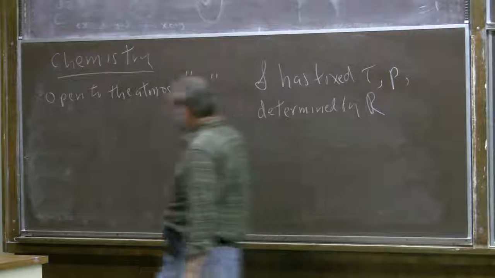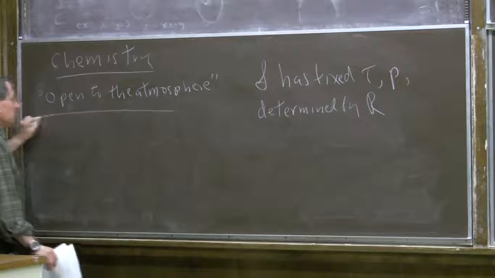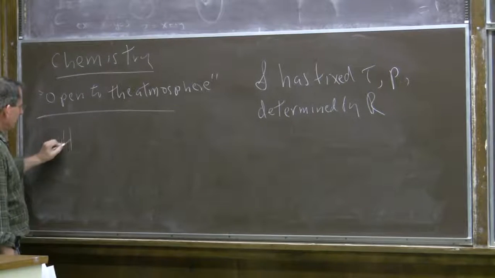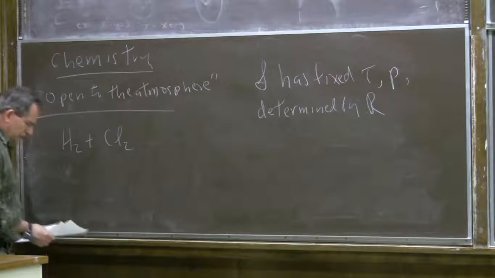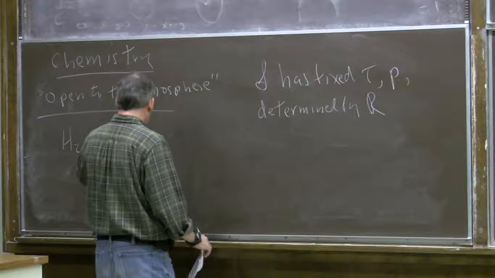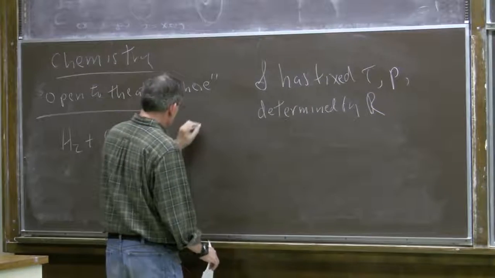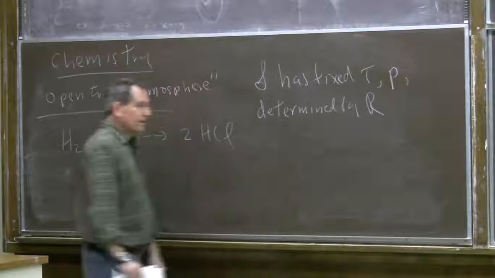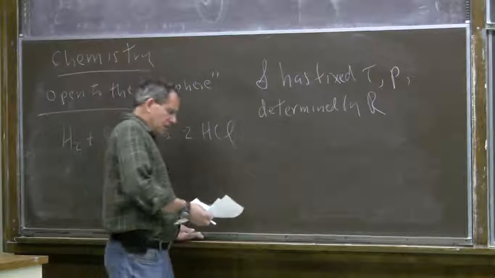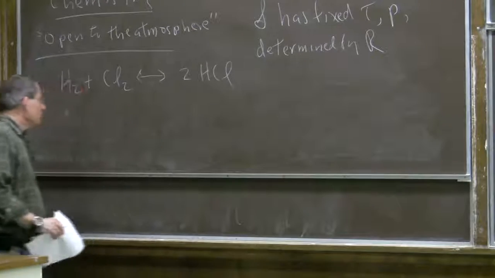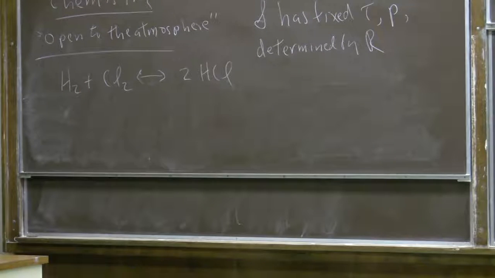And let's say we want to consider, as an example, the reaction in which hydrogen and chlorine combine to make HCl. And there's also the inverse reaction in which two HCl molecules combine and dissociate into molecular hydrogen and chlorine.